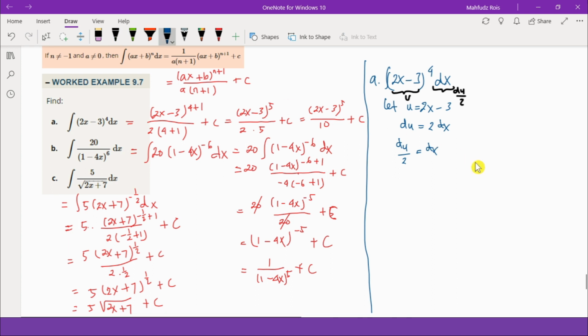After that, we can change this into the integration of u to the 4 du over 2, or we can take out the half, half of u to the 4 du. So it will be half of u to the power of 5 over 5, plus c.